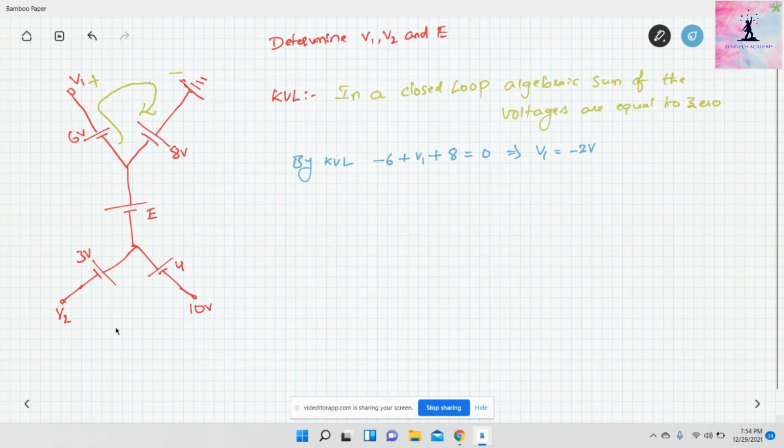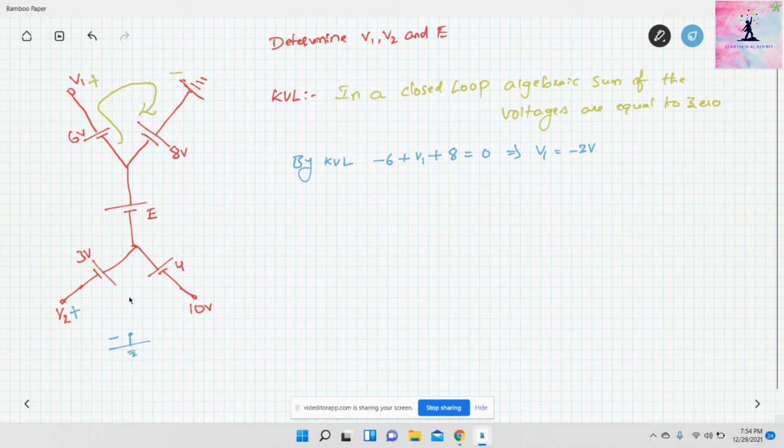No ground is shown here. So first of all, we have to take this point as ground. So V2 is at higher potential. So I marked here plus, and this ground is at lower potential. So I marked here negative.